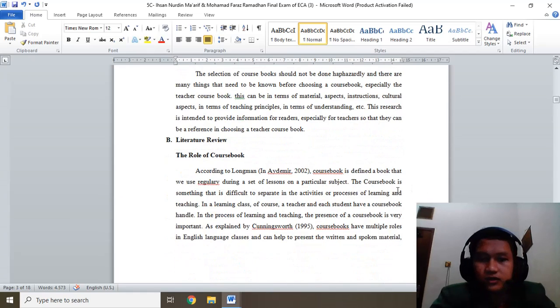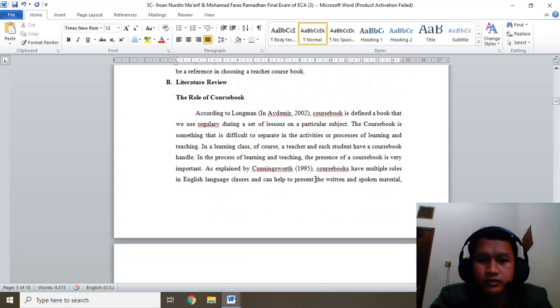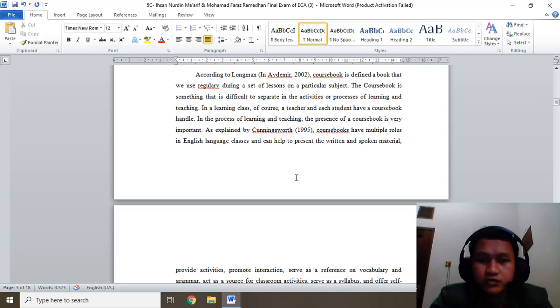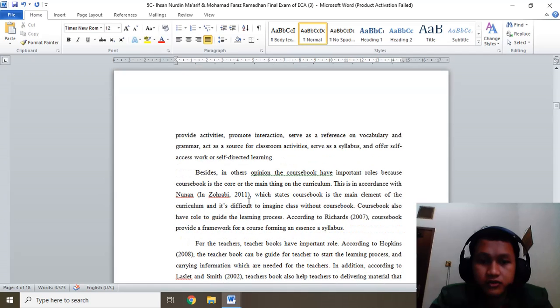And for the next, there is the literature review. In the literature review, there is an explanation about the role of the course book according to Longman in Aydemir 2002, and the statement from Cunningsworth. And the statement of Zorabi, which states the course book is the main element of the curriculum, it's difficult to imagine a class without a course book.